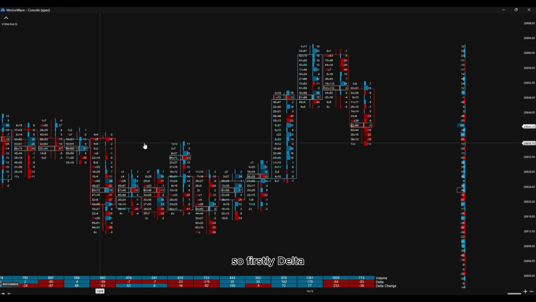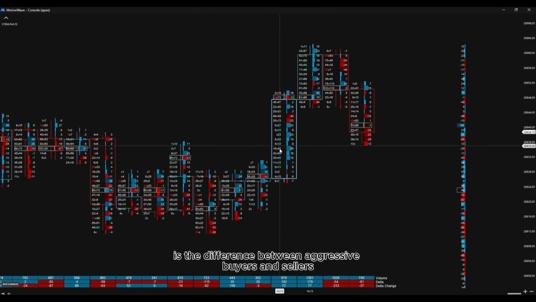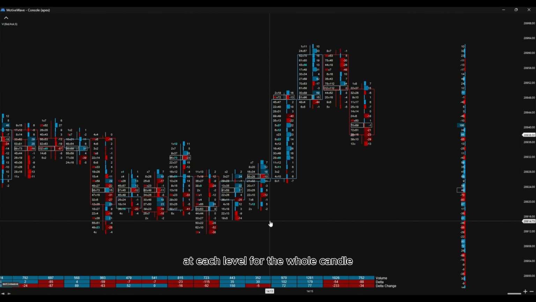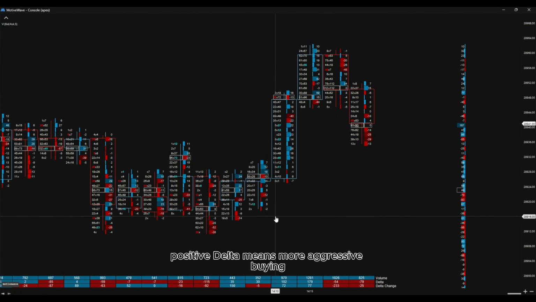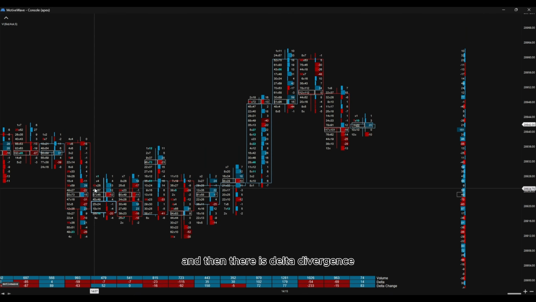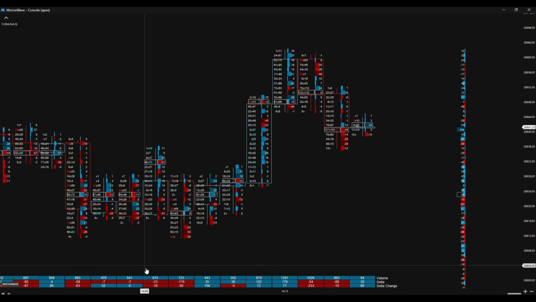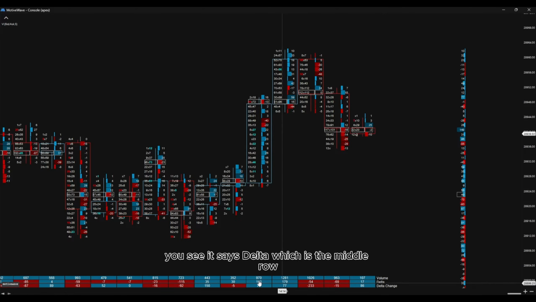Firstly, delta, which I said already, is the difference between aggressive buyers and sellers at each level for the whole candle. Positive delta means more aggressive buying, and negative delta is more aggressive selling. And then there's delta divergence. Look at the bottom of my screen. You see it says delta, which is the middle row.